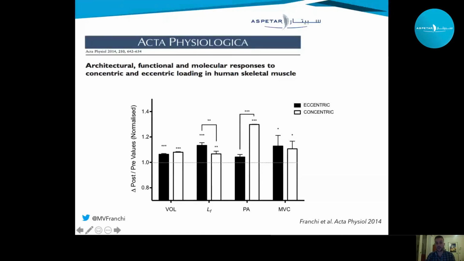Similar amount of hypertrophy reached by pure eccentric and pure concentric training, but different strategies of muscle architecture adaptation. So fascicle length increased more after eccentric training, and pennation angle increased more after concentric training.